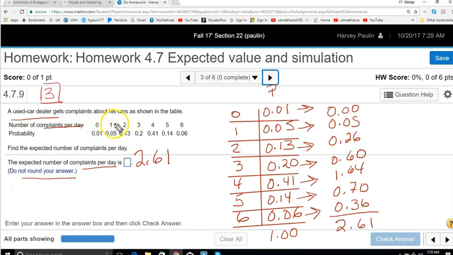Now, if you're going to get these many complaints, and these were the probability that you would get these, then the expected value per day would be the weighted average, in the sense of this, depending on its probability. Now, in our next section, we're going to do things like this. Just look at it perhaps a little different way. All right, let's go on.